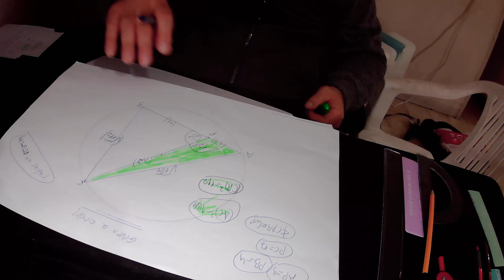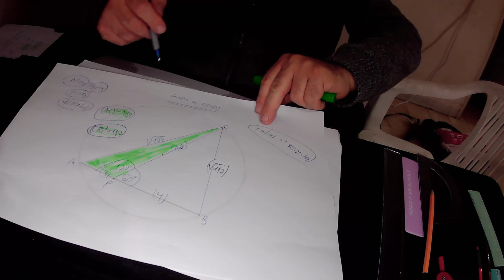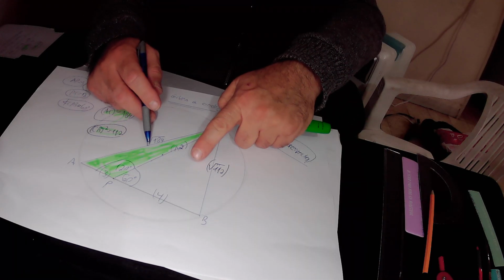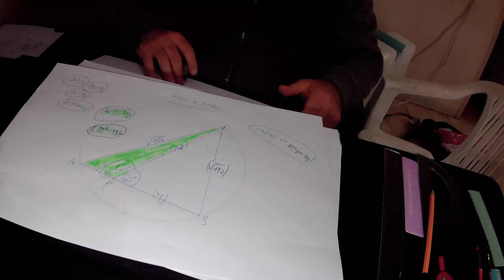In the next step, we'll implement the law of cosines. This big triangle ABC consists of those two small triangles.